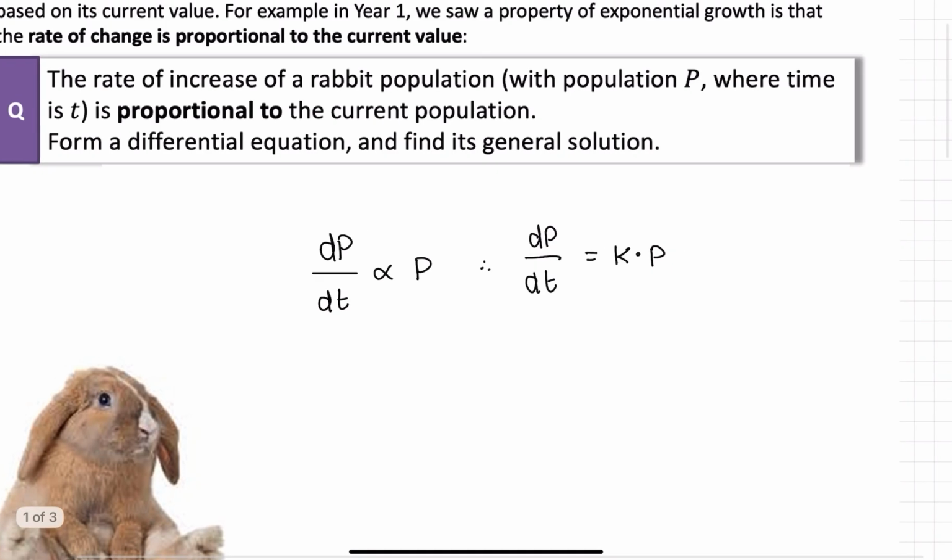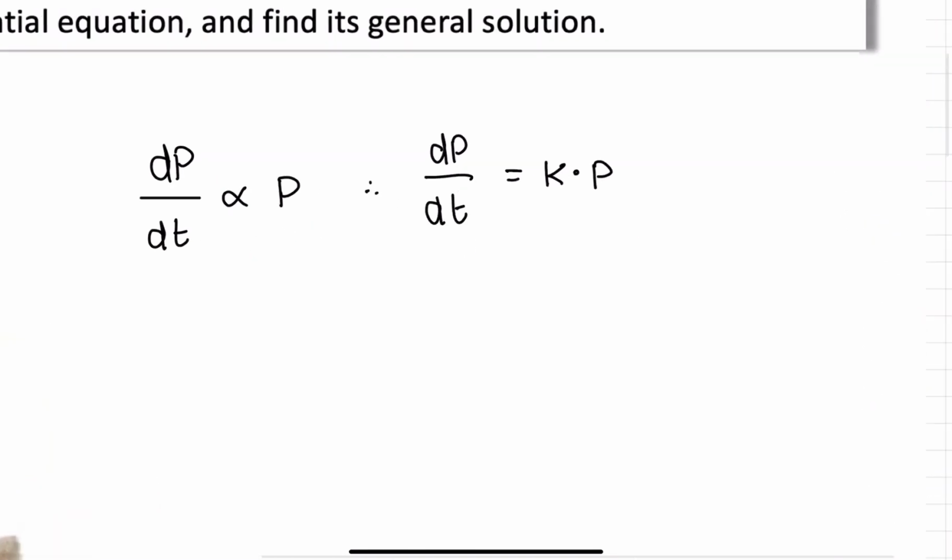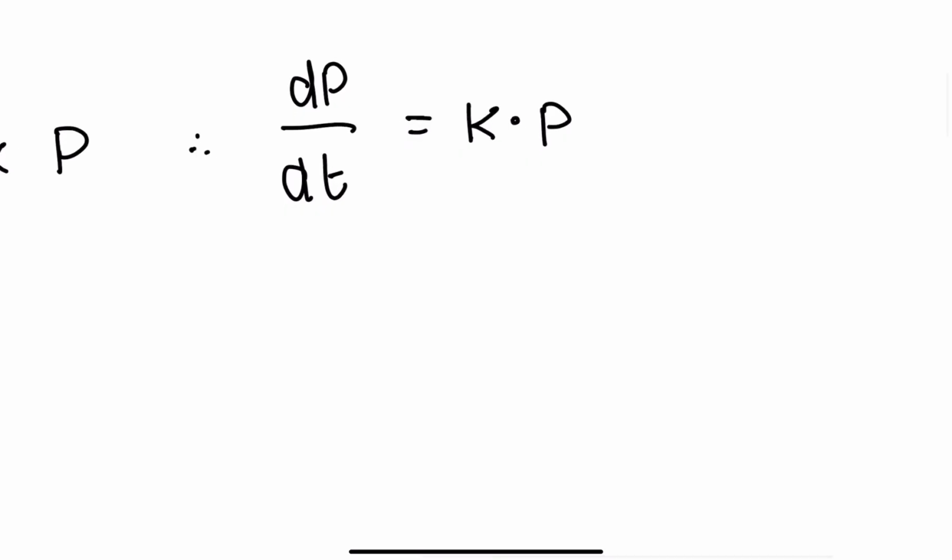Okay, so I'm going to divide both sides by P. So 1 over P multiplied by my change in population with respect to time equals k.